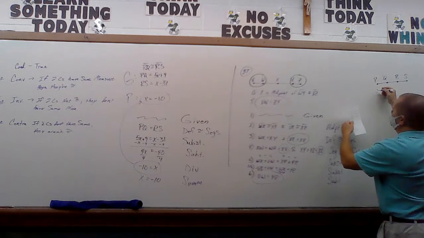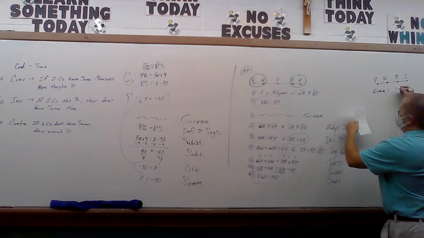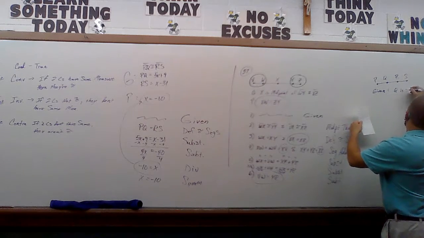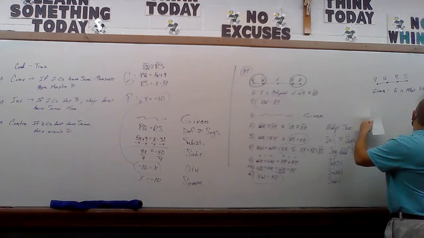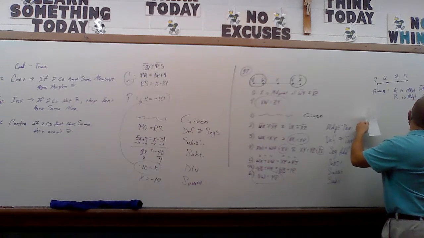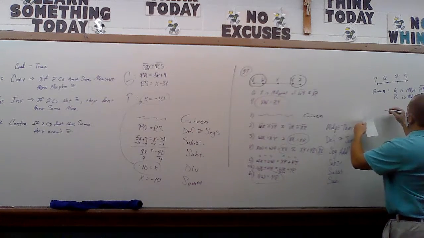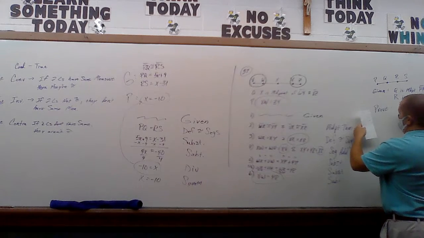Here's another one. The given is Q is the midpoint of PR, R is the midpoint of QS, and your proof statement is, I don't have a proof statement.